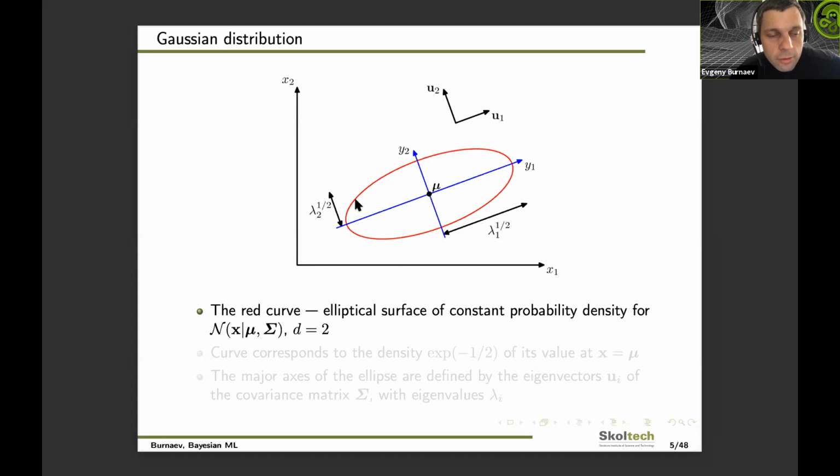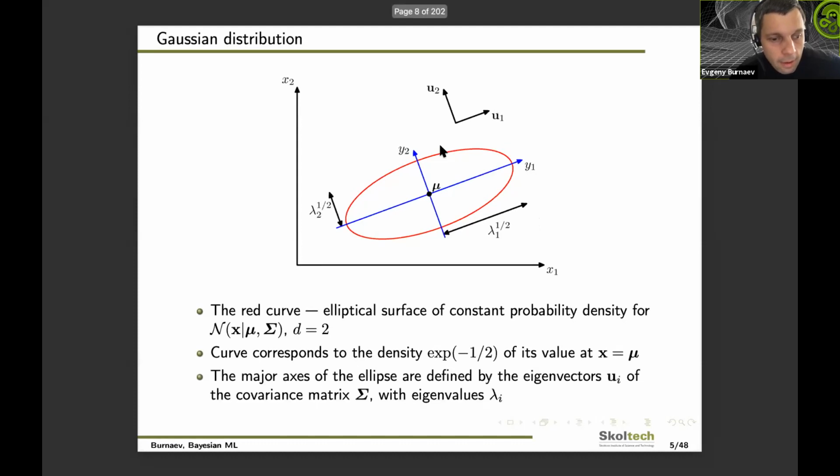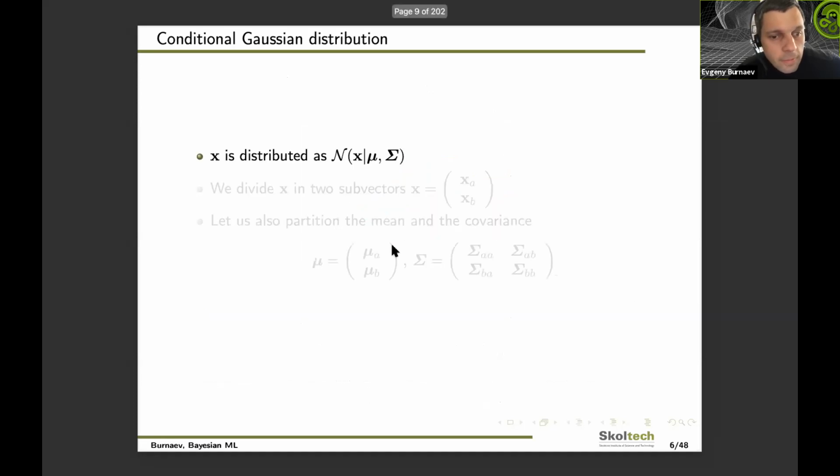And this holds true for any possible contour line. Orientation of the ellipsoid is defined by the eigenvectors. And this is the property which we will use throughout the course.